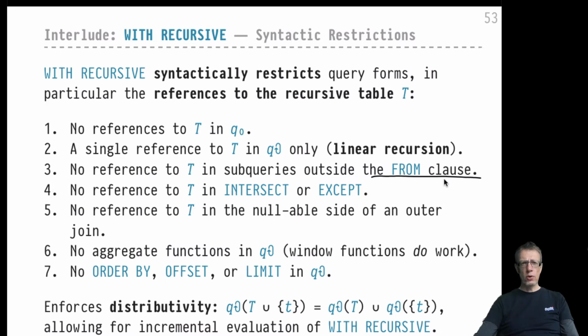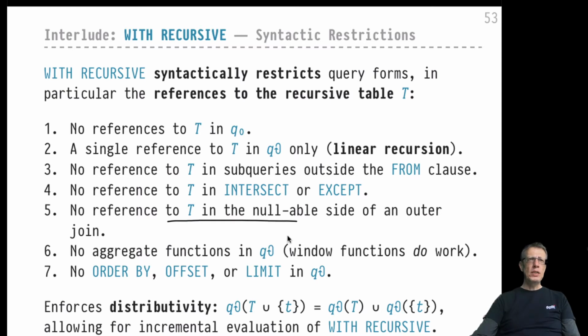Subqueries in the where clause and subqueries in the select clause may not refer to the recursive table T. The recursive table may not occur in intersect or except invocations, so it may not be the left-hand or right-hand side of an intersect or except operation. T may not occur in outer joins, at least not on the nullable side of an outer join. So in a left outer join, it may not occur on the right-hand side, for example.